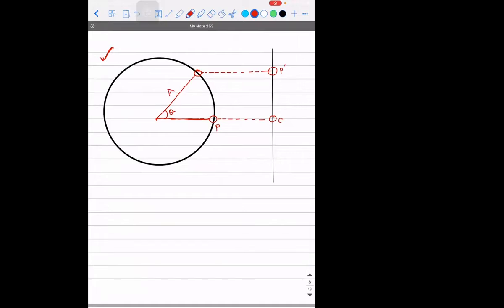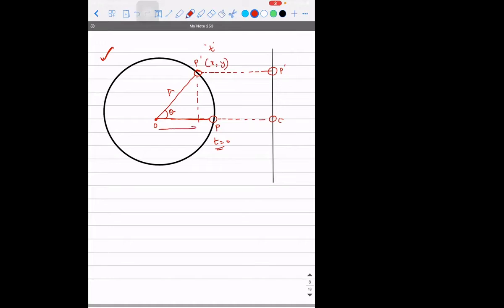I hope now you understood why the radius is equal to A. So let's say the particle started at point P at t equal to 0 and it is at P dash at some time t. Correct? Now I'm interested to find the coordinates of this point at time t.